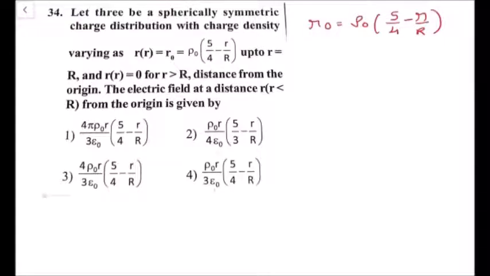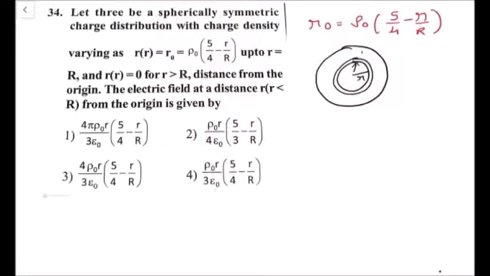So for example, here the spherical portion, in this the charge density is varying. Here I am assuming a spherical shell of radius r and thickness dr. Now let us find the total charge up to the distance r.